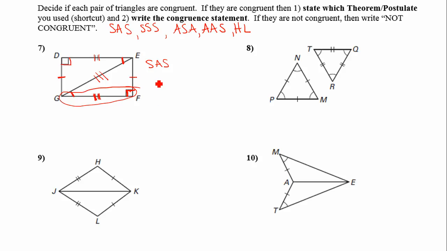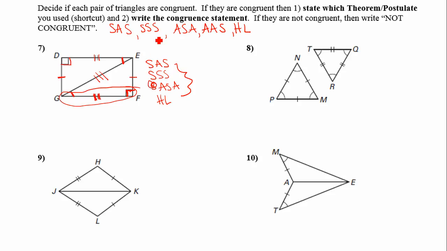So you can have any of those: side-angle-side, side-side-side, angle-side-angle. You could have, thinking about angle-angle-side, I don't think so. I think those are the ones. HL you could use because it's the right triangle and the hypotenuse would be marked and the leg would be marked. So these are the ones that are acceptable, any of these.